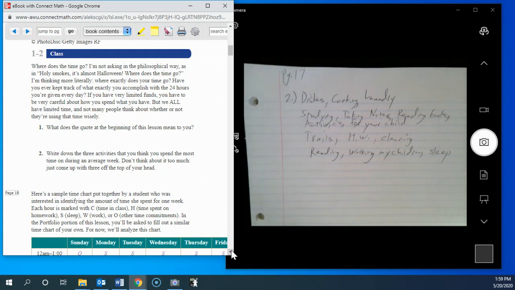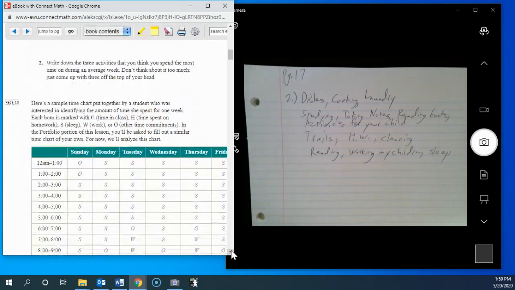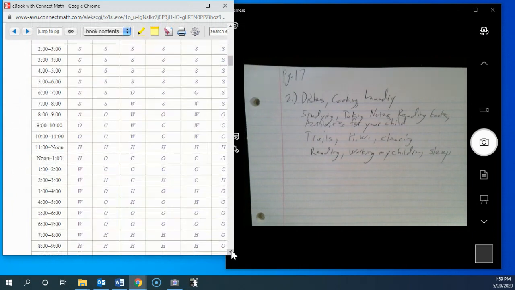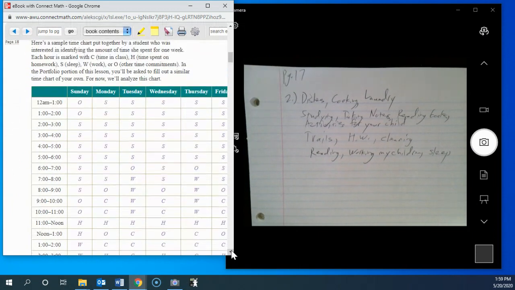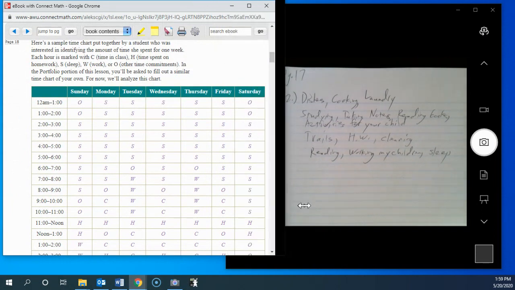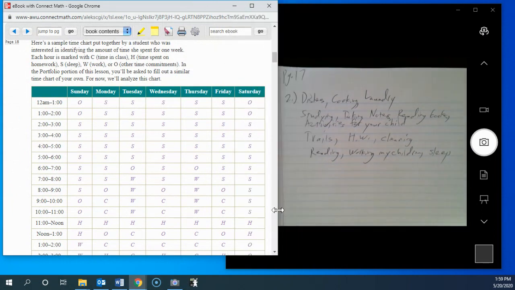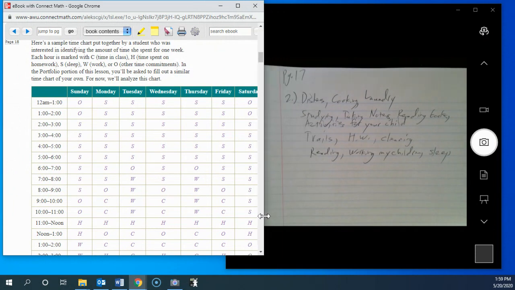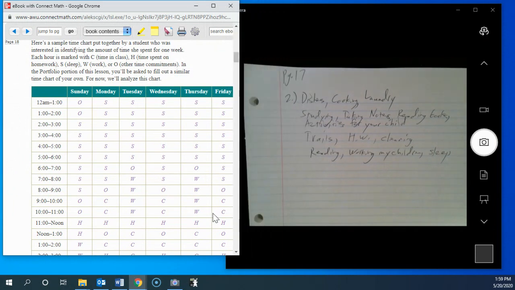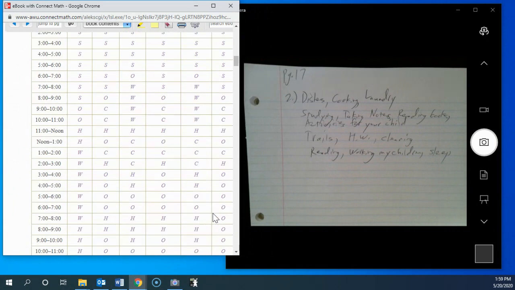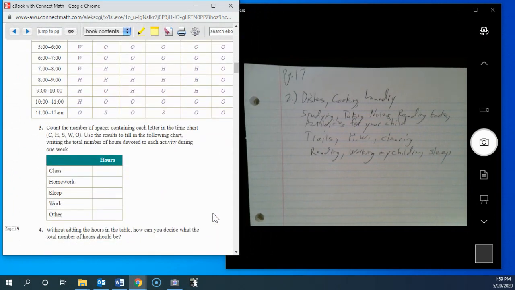But let's take a look down here. We want to talk about this chart as you all see it. Let me expand it out for a brief moment. You notice this chart goes all the way to Saturday. Now, this chart here will be used for number 3 here at the bottom, and this is page 18.